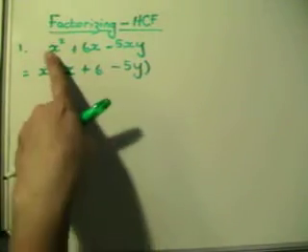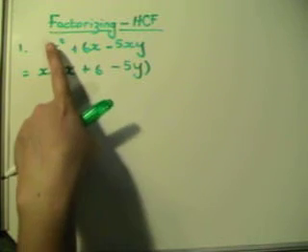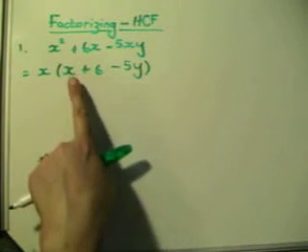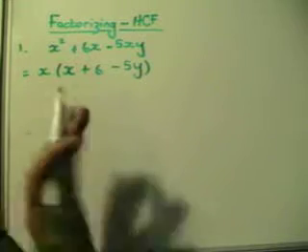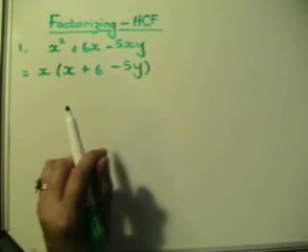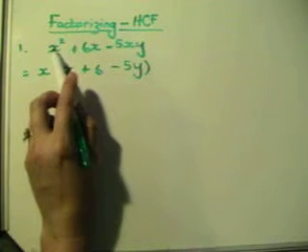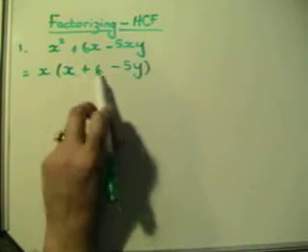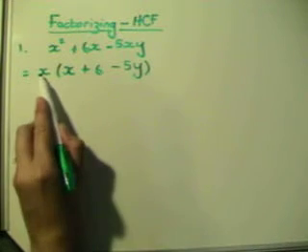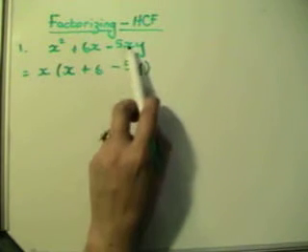X times x gives me x squared. Because I took x squared divided by x to get x, that will work, because multiplication and division are opposite operations of one another. So x times x gives me that x squared. X times 6 gives me the 6x, and x times 5y gives me the 5xy.